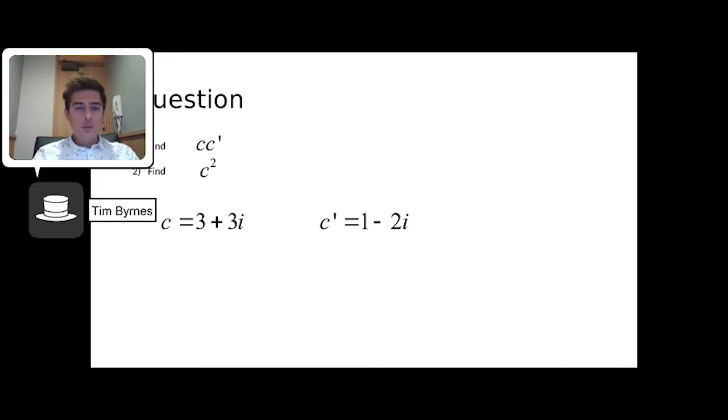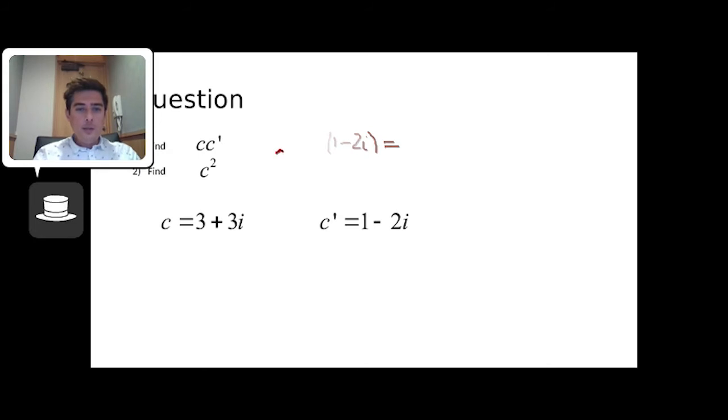Okay, so let's go through and do this multiplication. In this case, we've got 3 plus 3i multiplying 1 minus 2i, and so we can multiply these two complex numbers out.